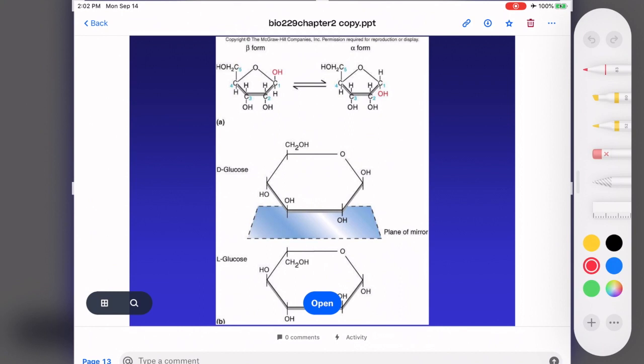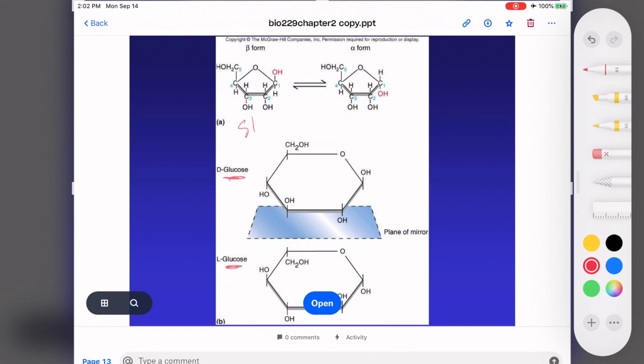It can exist in a mirror image, but you can't really argue that they're structural isomers. They're not. The arrangement of atoms is the same, just like the arrangement of fingers and thumb is the same in both of your hands, but they're mirror images of one another.